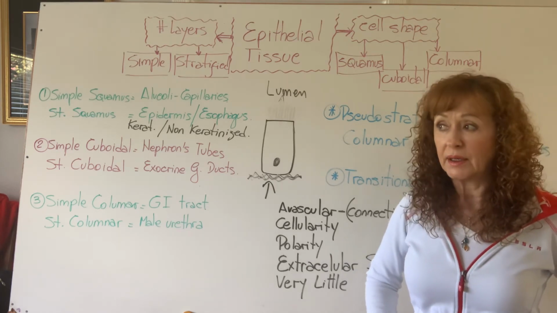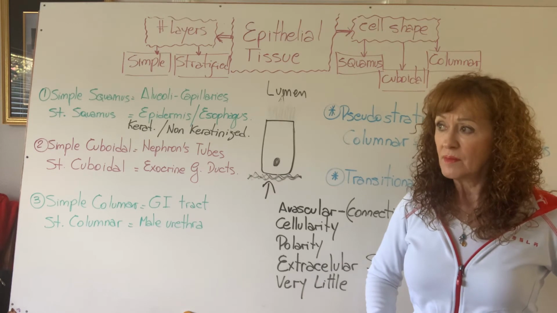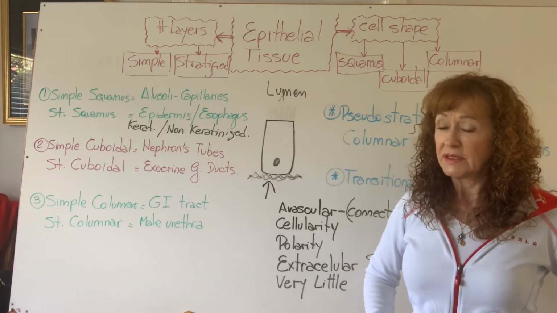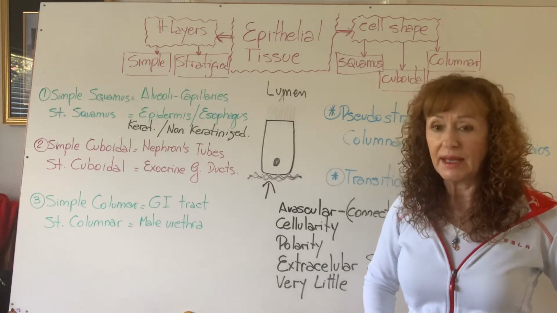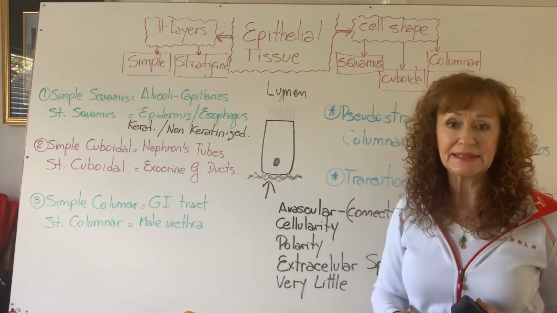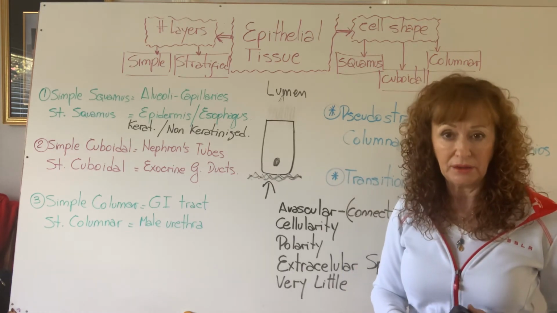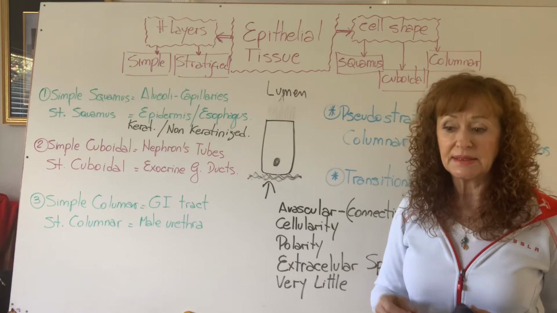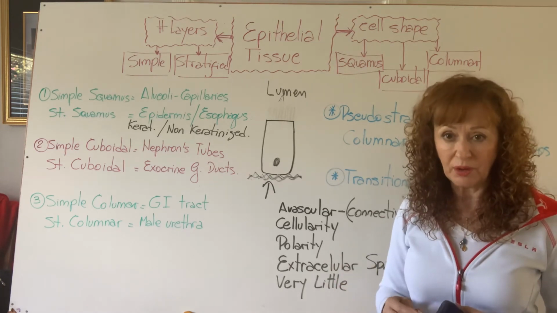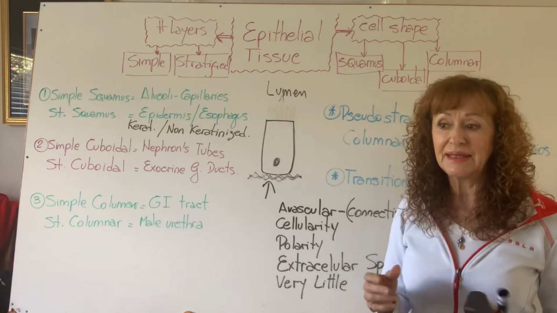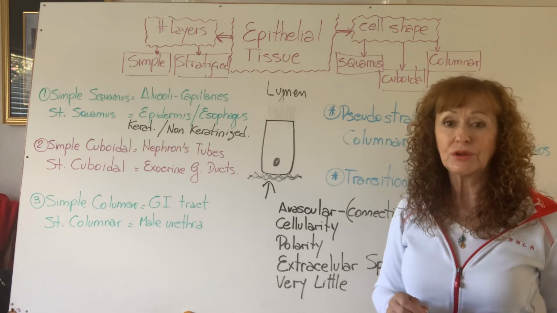The groin area is also called the inguinal area, and all around the external genitalia and the anus. In these areas, we have the apocrine sweat glands, and these sweat glands produce odor.